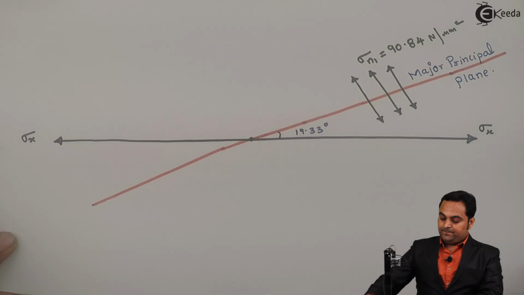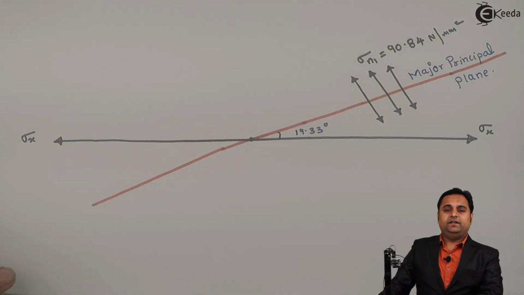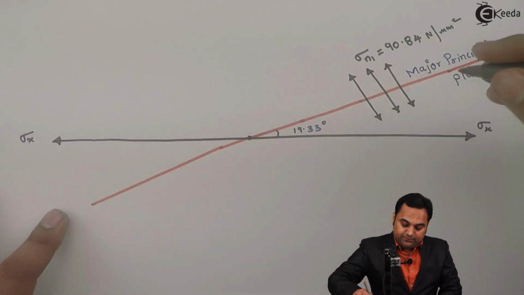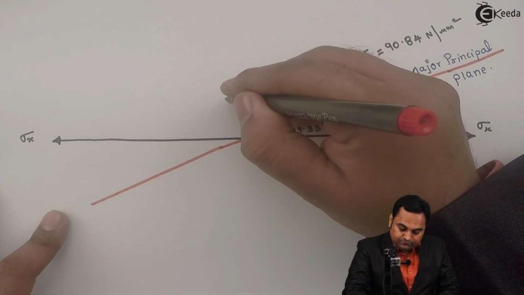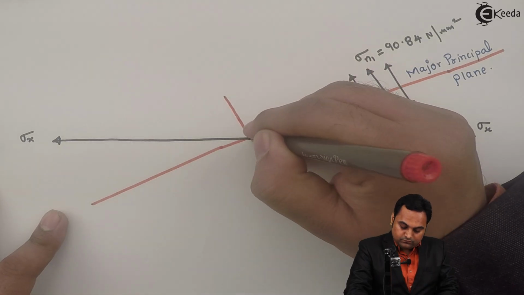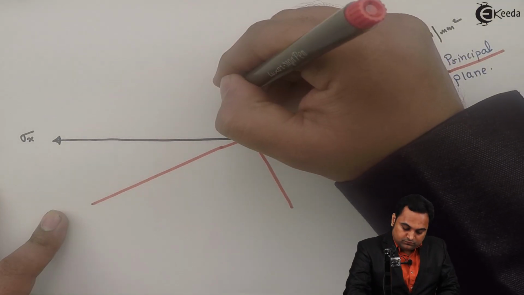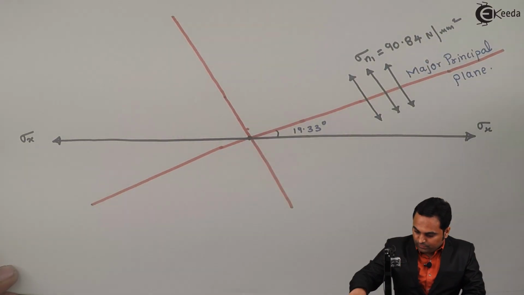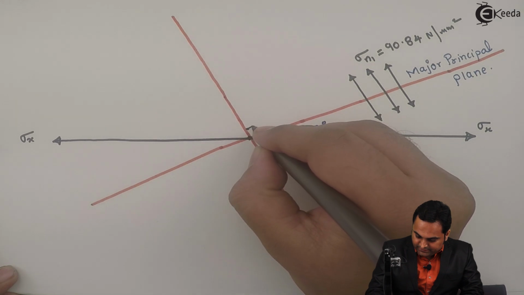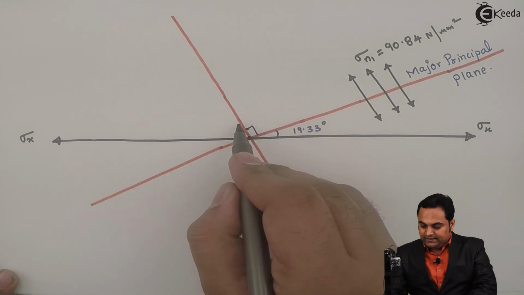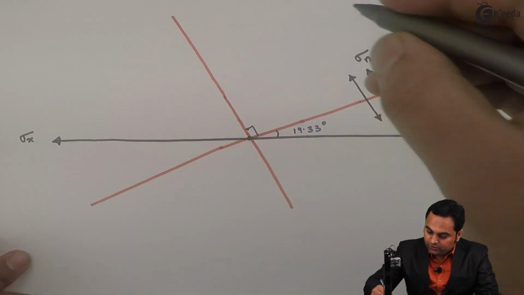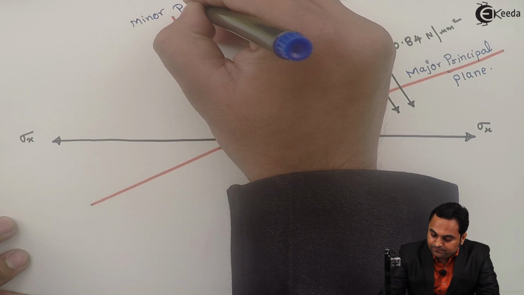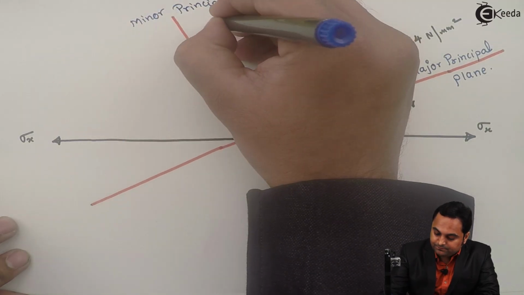Now after this there is the minor principal plane which carries the minor principal stress, and that was exactly 90 degree to the major principal plane. Now here this angle is 90 and the total angle is 109.33. So this is the minor principal plane.